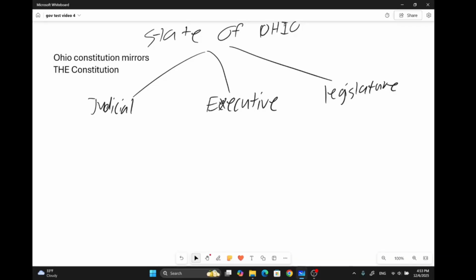So, instead of the executive being called the president, the executive of the state is called the governor. Whatever, screw spelling.